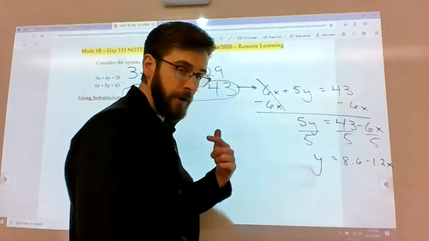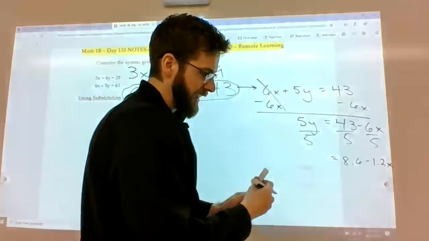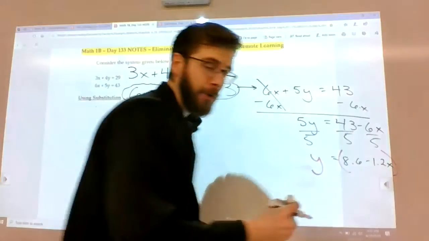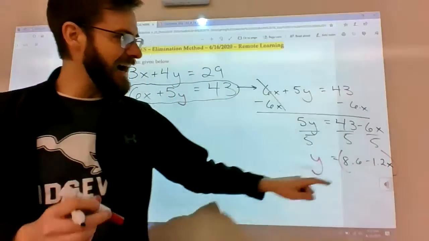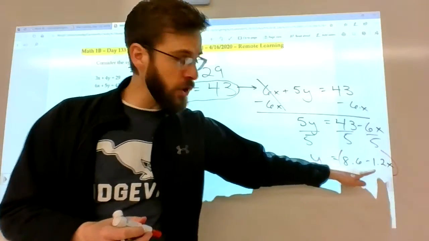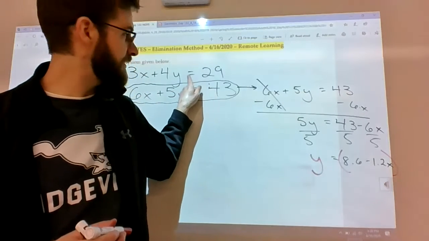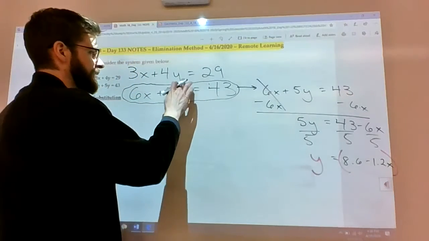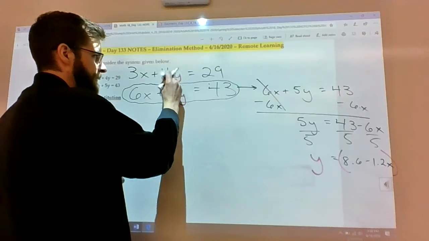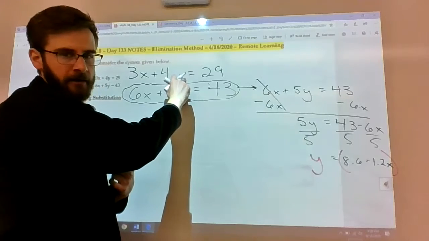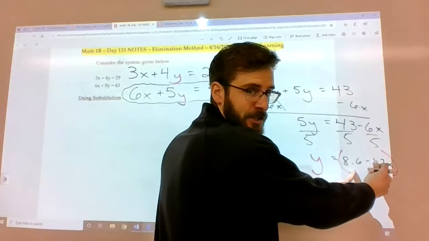All right, now this is my red y that I'm talking about here. And I'm putting parentheses around it because that entire variable expression is going to replace the red y in the other equation, this one right here. So this red y is sort of the same value as that red y, which is the same value as this expression here.